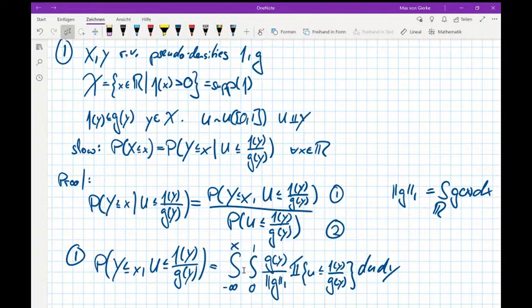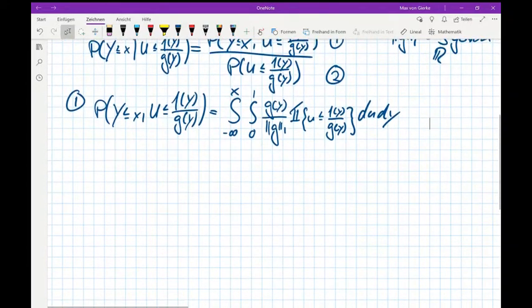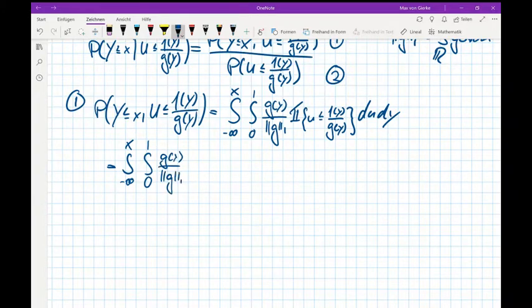But yeah, and here we do a nice trick where we just add another indicator function. So this stays the same, this stays the same. Gy over the norm 1, fy over gy.